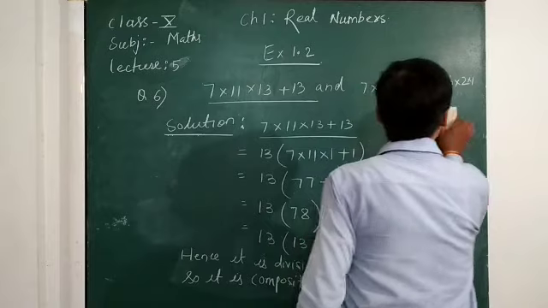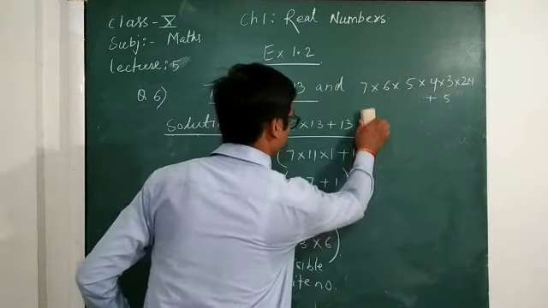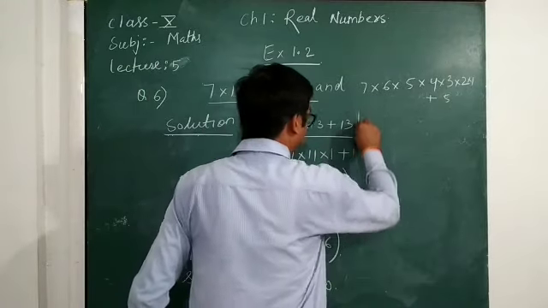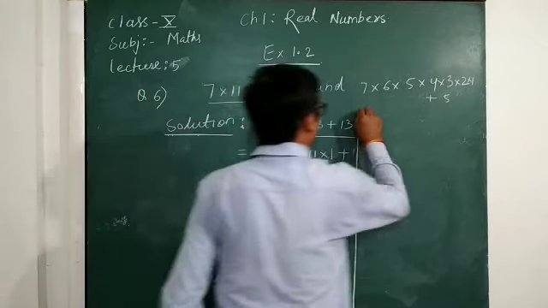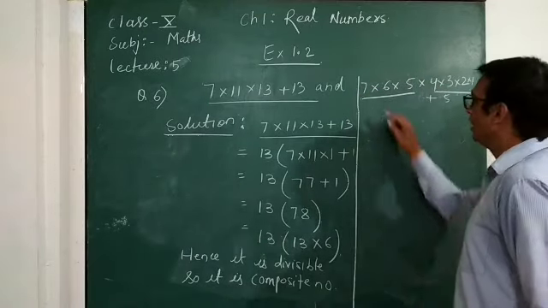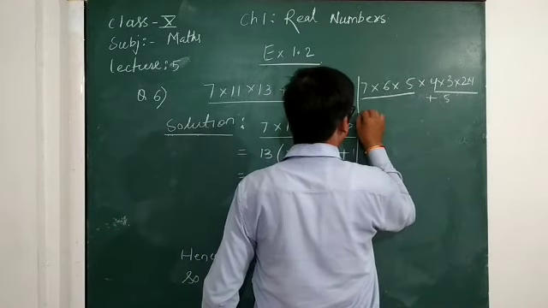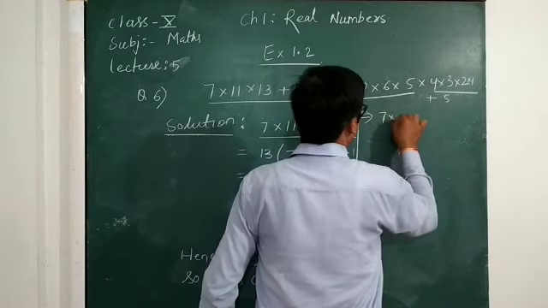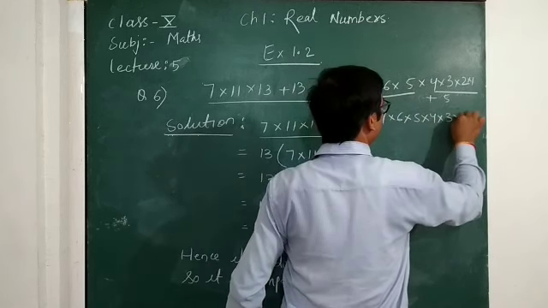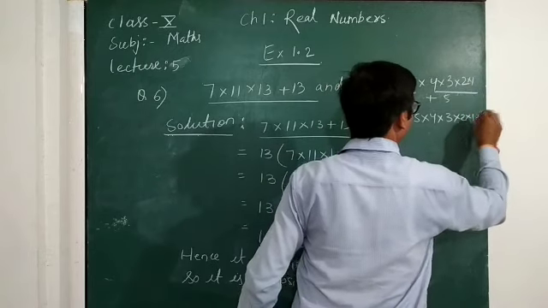In a similar way, you can do the second number also. This is the second part of this question. So 7 into 6 into 5 into 4 into 3 into 2 into 1 plus 5.